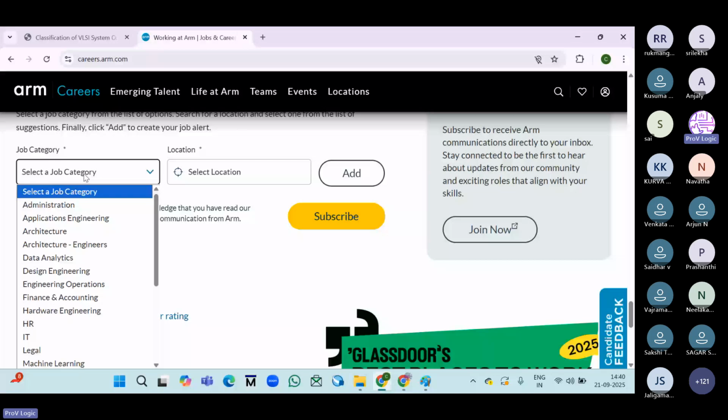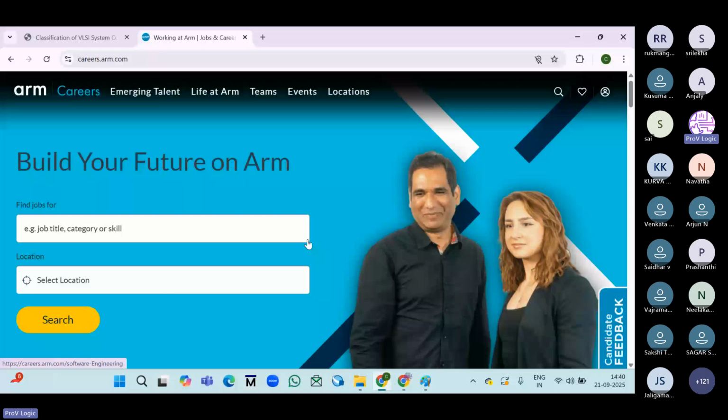You can even log in here. You can even log in to find the jobs.